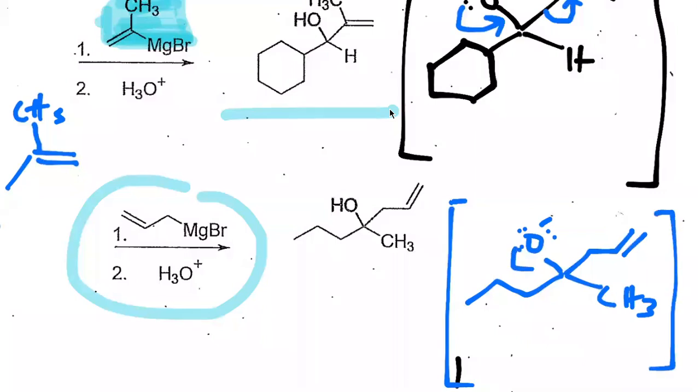And then once I put the pi bond in, I can already see what I'm gonna eliminate, right? This is gonna be the part that gets eliminated because that's the Grignard, right? So when I put that pi bond back in, I'm just breaking this carbon-carbon bond like so, putting the electrons on that carbon.